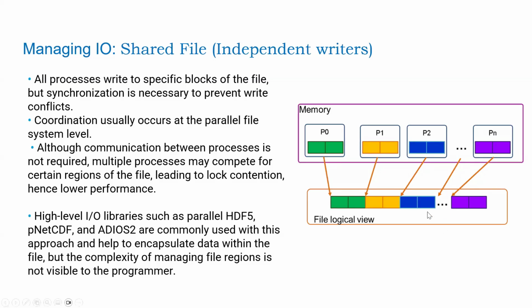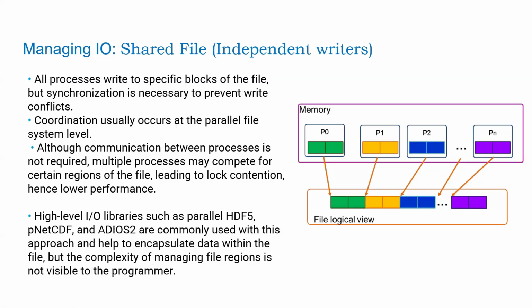And then this will need cooperation between the processes at the file system level. This approach will not need communication between the processes, where you don't need to send the data back and forth.